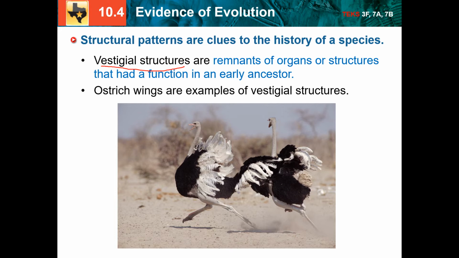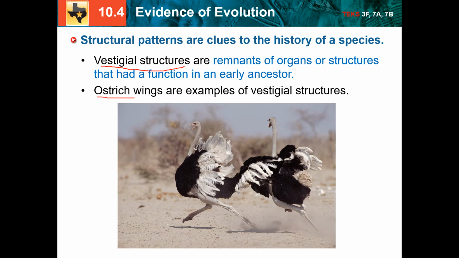As the theory of evolution would go, if you have organisms slowly adapting to their environment based on having different adaptations that allow them to survive, the thought would be eventually you might have certain old structures that at one point in the organism's or the species' history had a function. Later on in time, that organ or that structure could lose its function, and that structure would be called a vestigial structure.